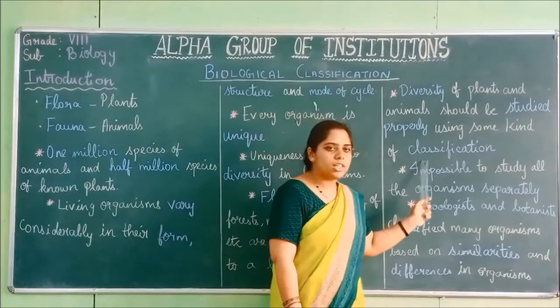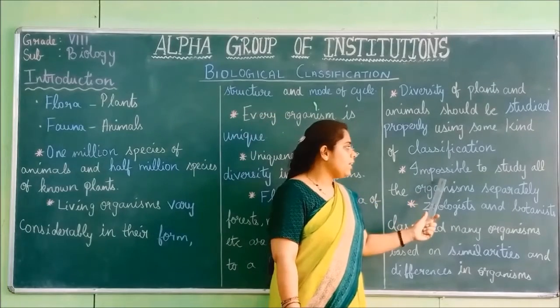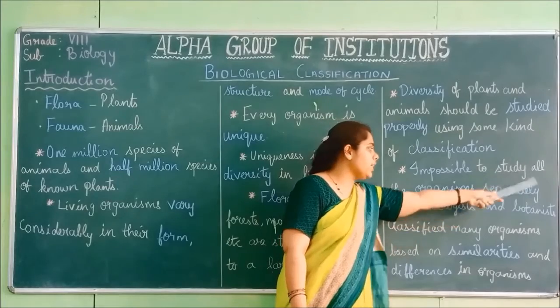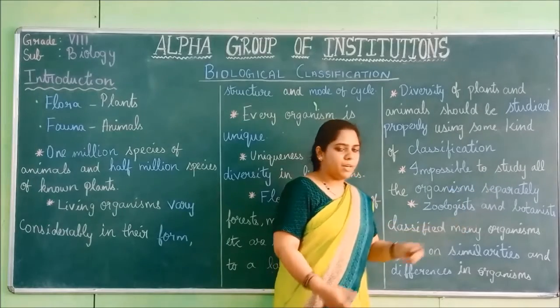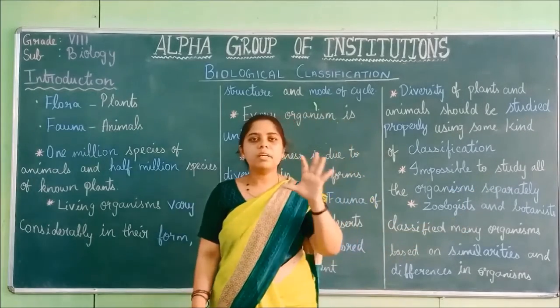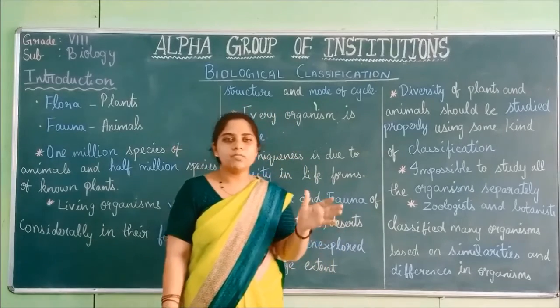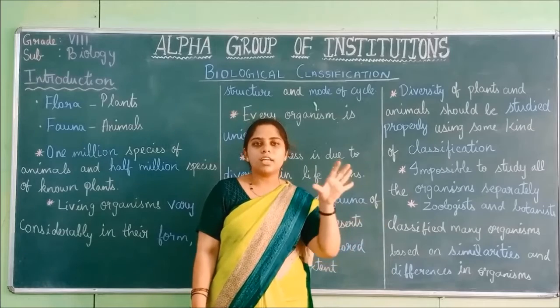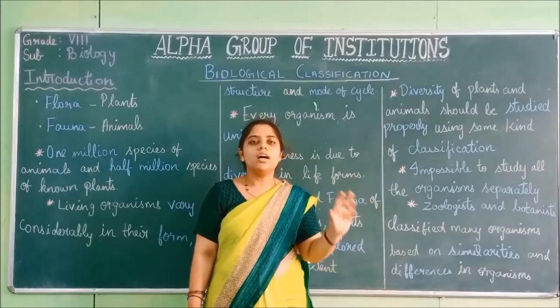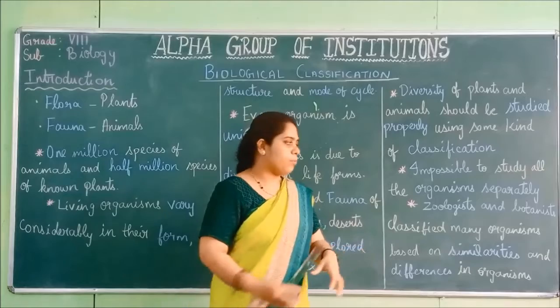So classification is very important, and it is impossible to study all the organisms separately. There are millions of organisms. We cannot learn them separately. So a classification should be there to learn all the organisms properly.